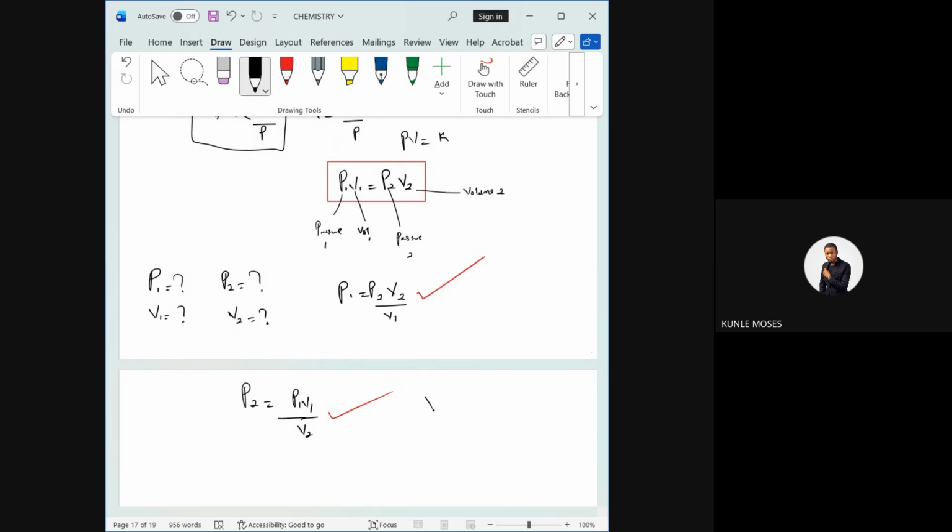You said V2 is equal to P1 V1 over P2. Very good. Let me check. V2 equals P1 V1 over P2. Very good. So the last person for V1, Akinwale.